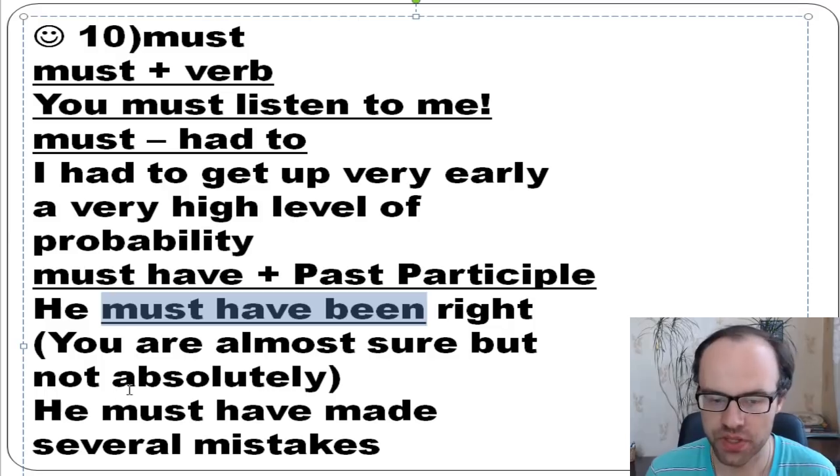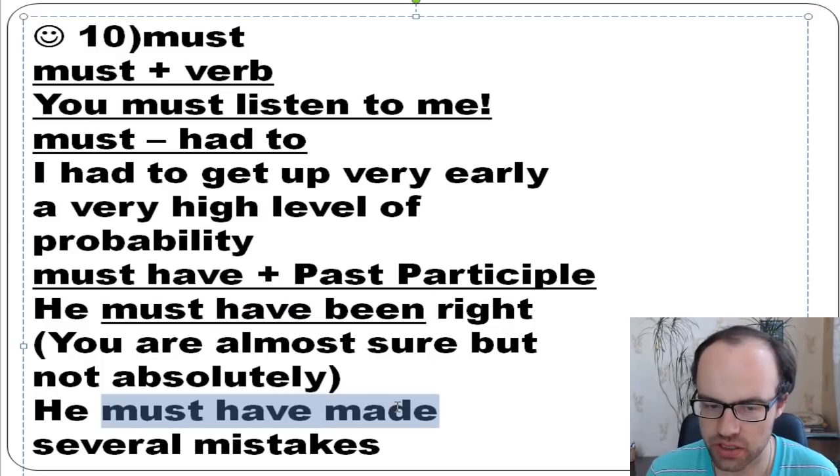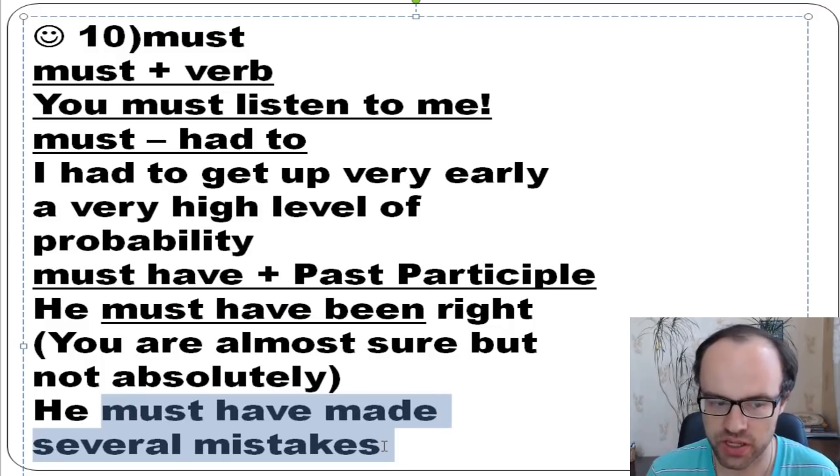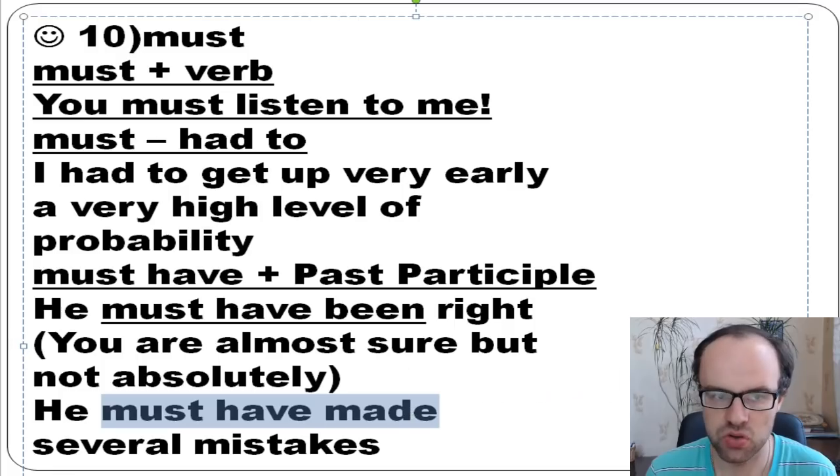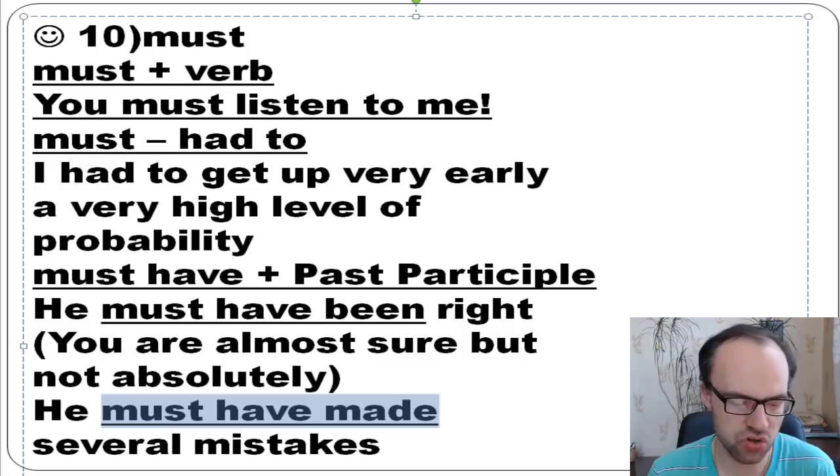So he must have made several mistakes. It's the same thing. Must have plus past participle. So I think that he made several mistakes, but I'm not absolutely sure. Maybe I'm wrong, but I think I'm right.